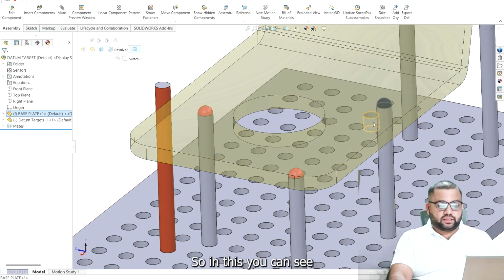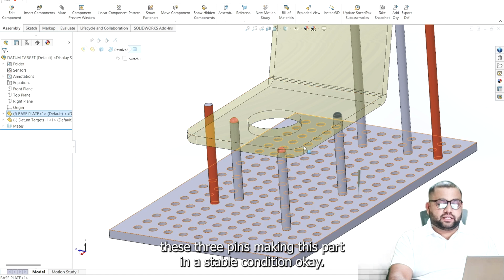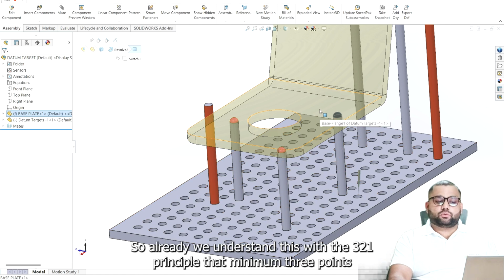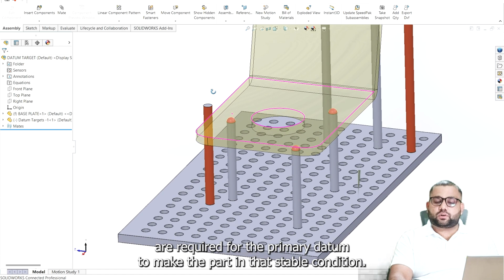You can see these three pins keep the part in a stable condition. We already understand with the 3-2-1 principle that a minimum of 3 points are required for the primary datum to make the part stable.